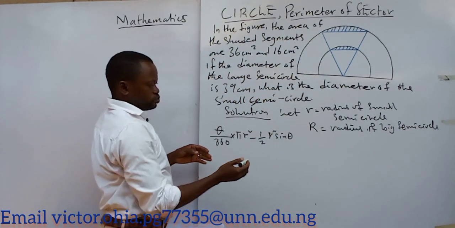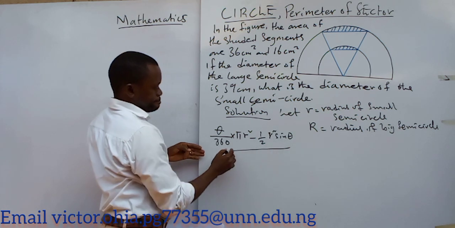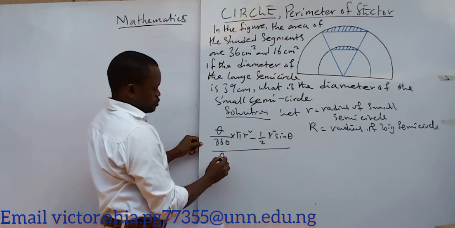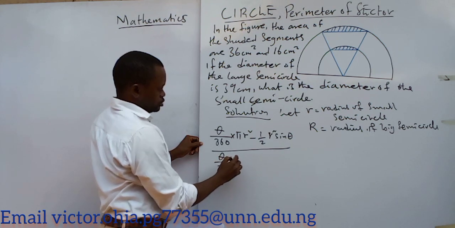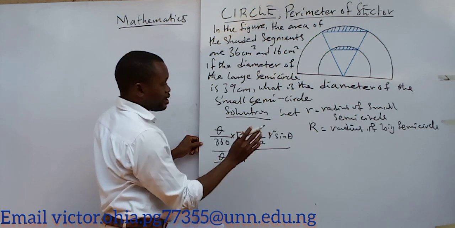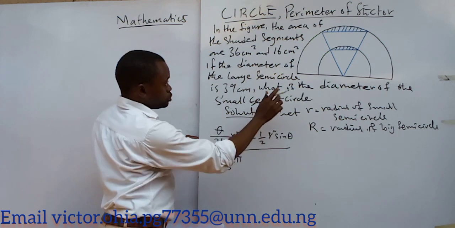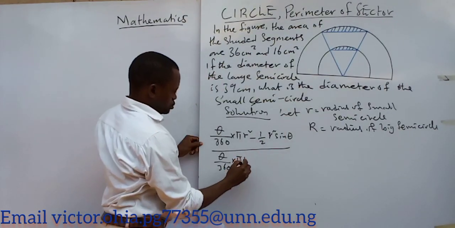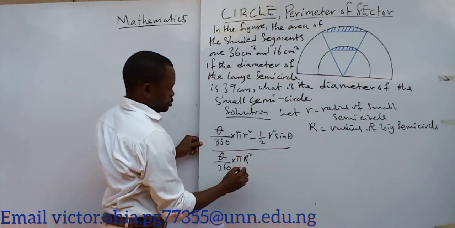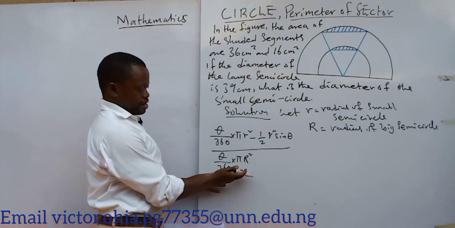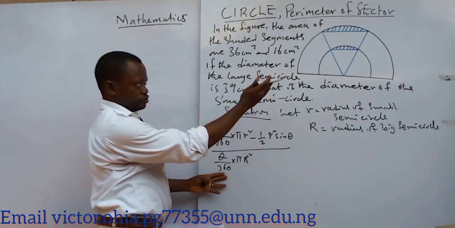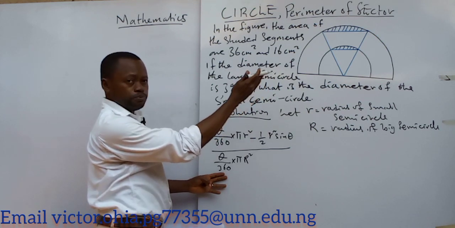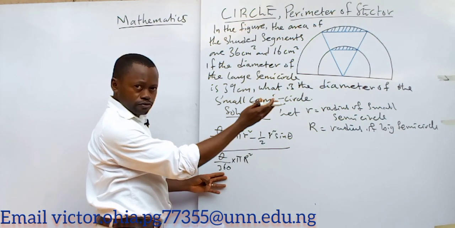Now, if I want to express this as a ratio over theta over 360 times pi, capital R now, because this belongs to the big one, R squared. This is the area of the sector of the big semicircle.